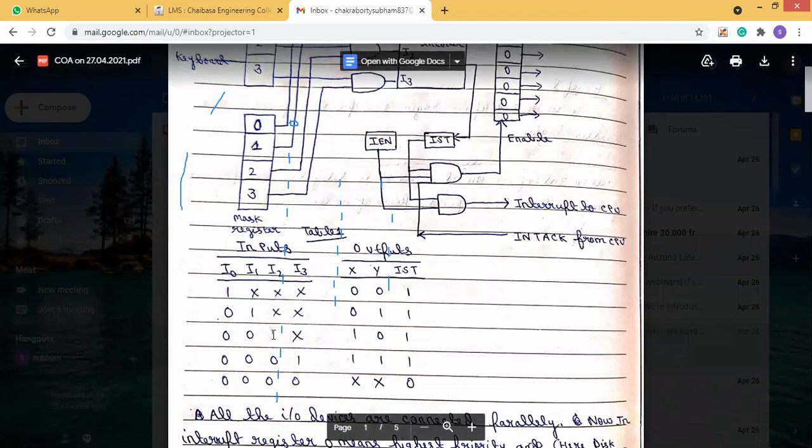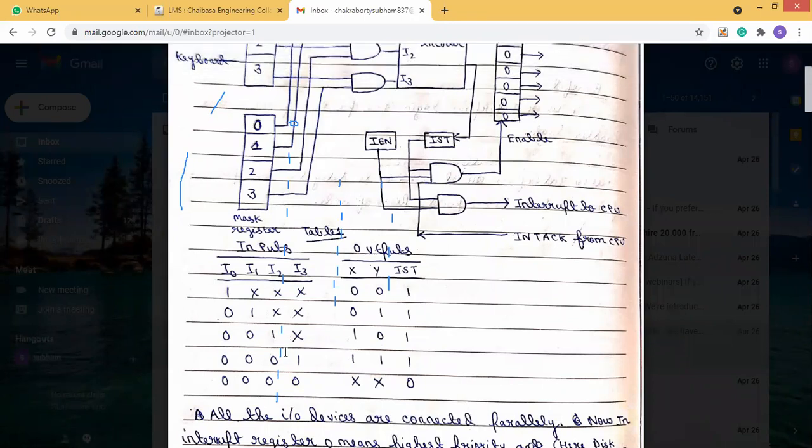That's why in that case, 1 is written for reader, but for the keyboard, we didn't consider it. That's why the don't care condition. And in the last case here, only keyboard generated interrupt. Then in that case, the keyboard value is 1 and the others are 0. And at last, if no one generated interrupt, then in that condition, all inputs will be zeros.